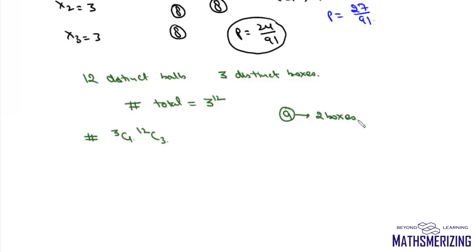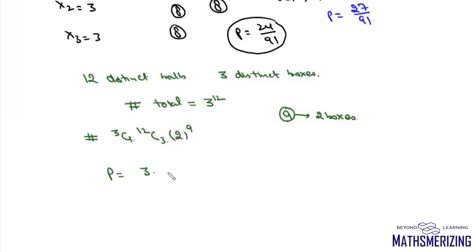These 9 balls are to be distributed in these 2 boxes. If we consider the case when at least one of the boxes has 3 balls, then for each of the 9 balls we have 2 choices.